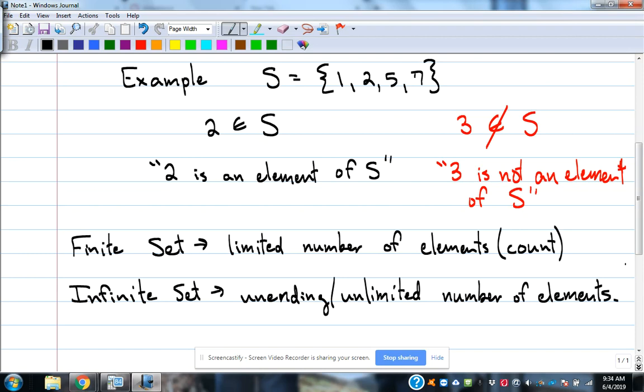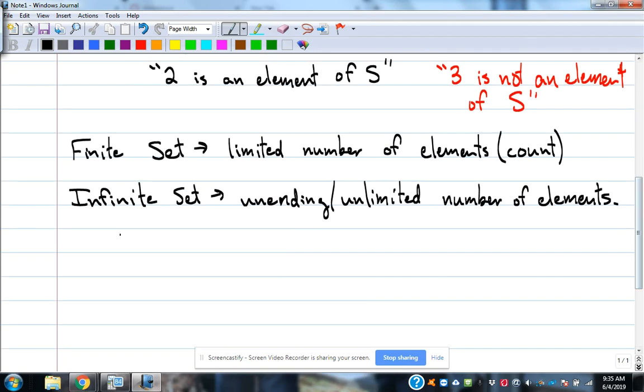Okay, an infinite set would, if you just said all the natural numbers, they're infinite because you could always keep counting higher. The natural numbers, for example, when we're talking about the natural numbers, let's list that because we're going to need to know some of these different kinds of numbers.